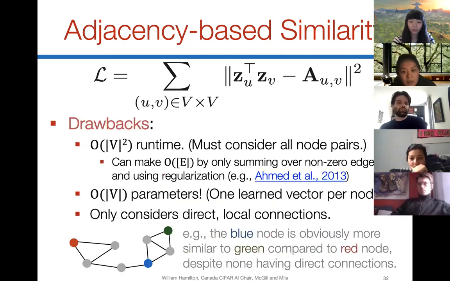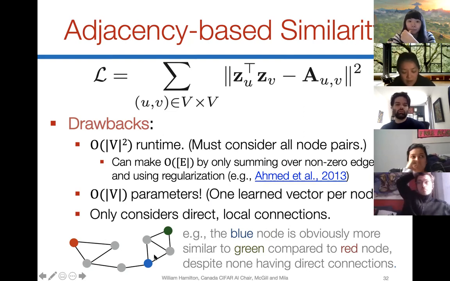But there are some issues with this approach. First off, it's quite expensive in terms of its runtime. Another issue that I'll focus on is that it's really focusing only on direct connections between nodes. So we're saying, okay, I want nodes U and V to have a dot product of 1 if they're connected, 0 if they're disconnected. But what if they're just kind of close together?